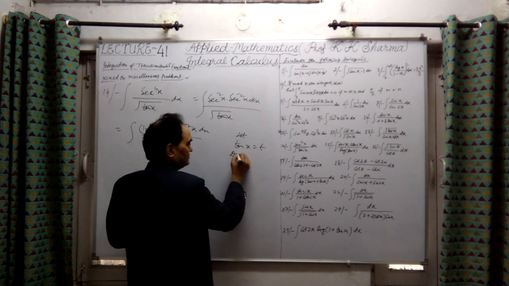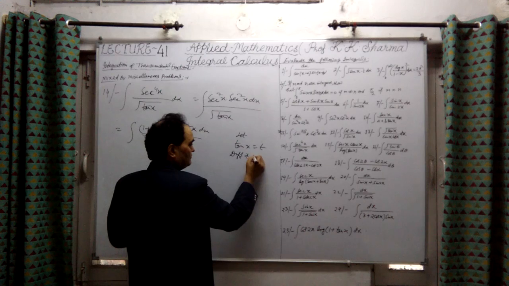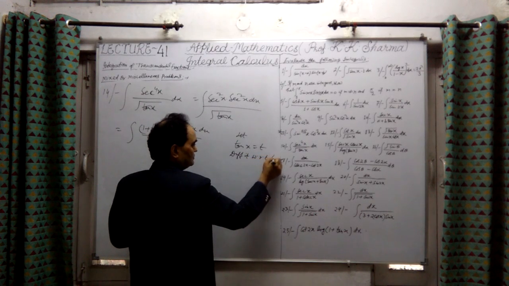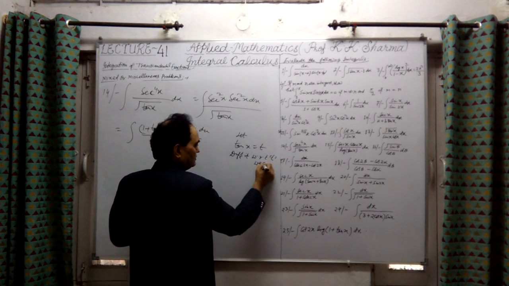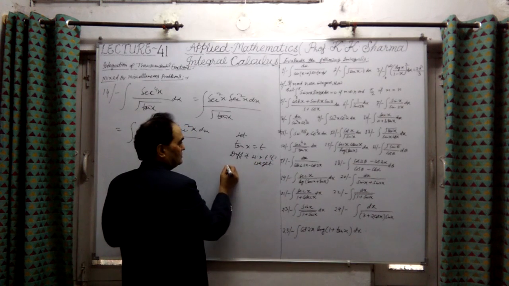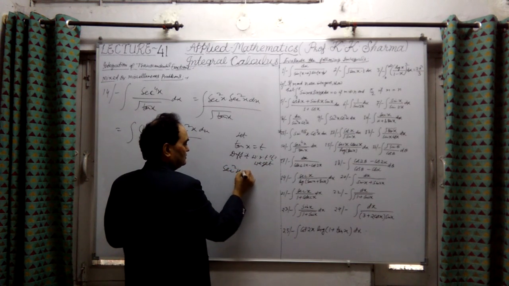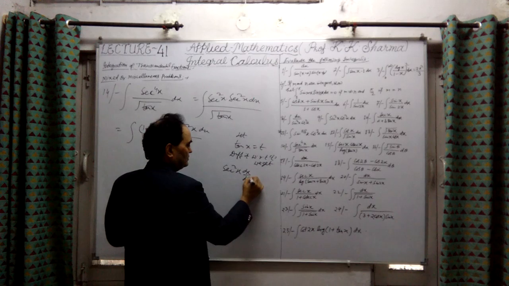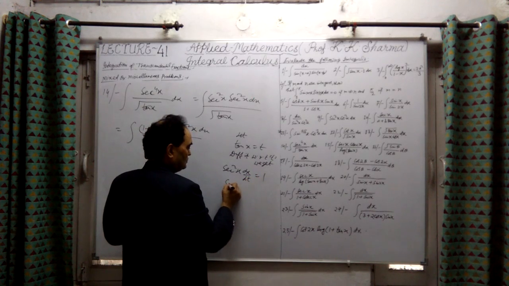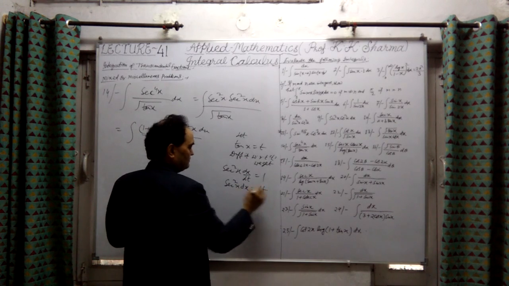Now differentiating it with respect to x, we get sec²x into dx upon dt equal to 1, or sec²x dx equal to dt.